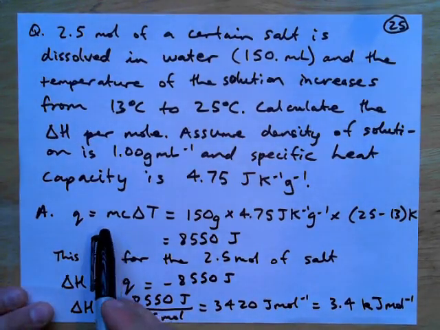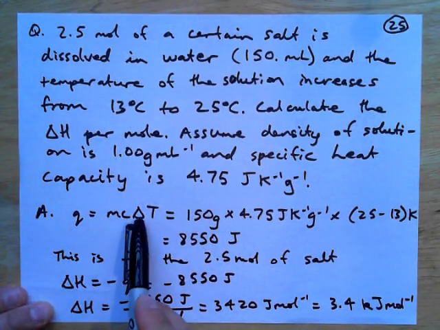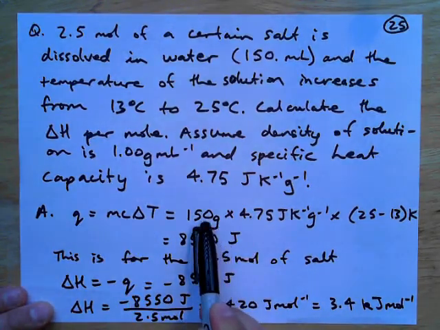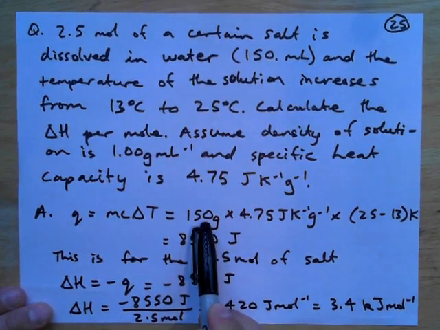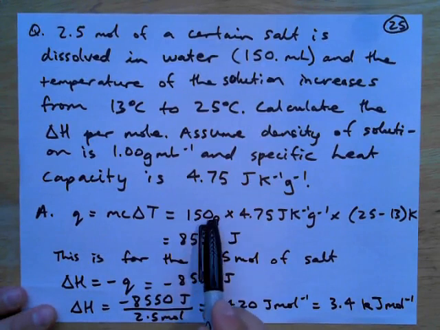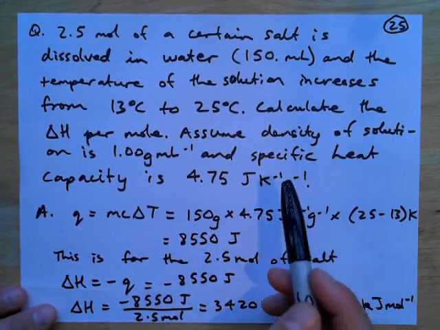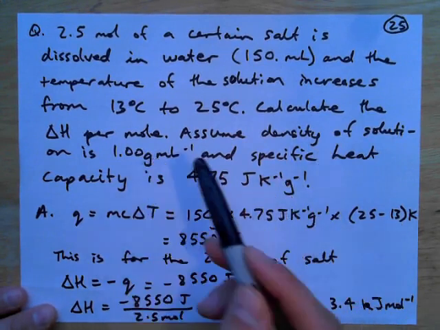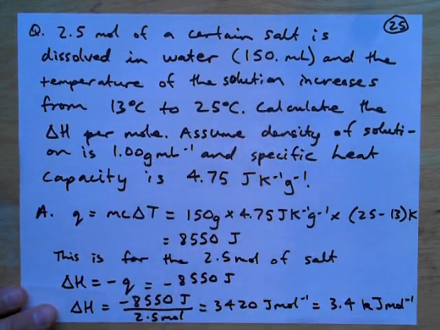So we go back to our formula here, Q equals MC delta T. So we have our 150 grams of the solution, the water, 150 grams because we've assumed that the solution is 1 gram per mil. Okay, so I can make that 150 mils into 150 grams.